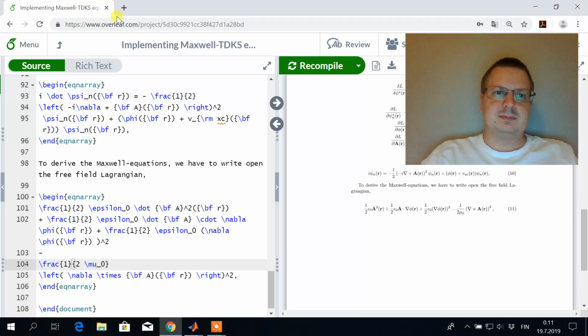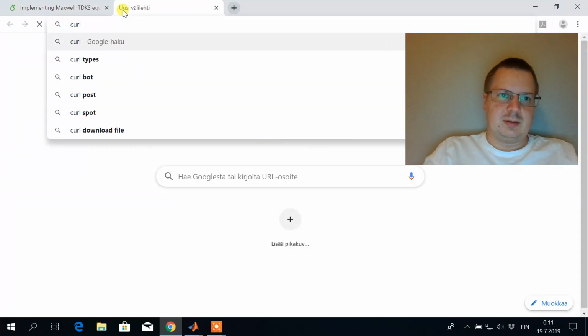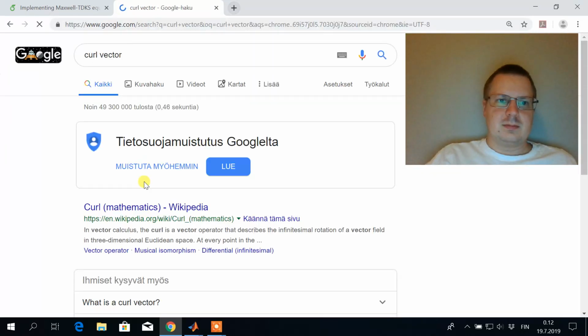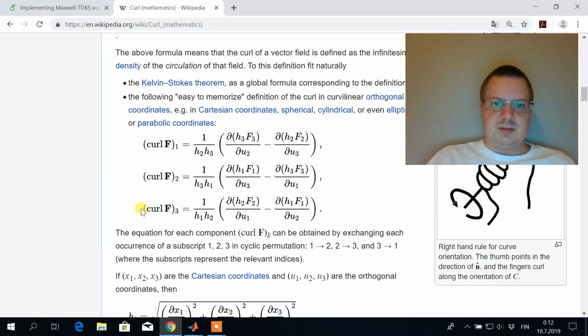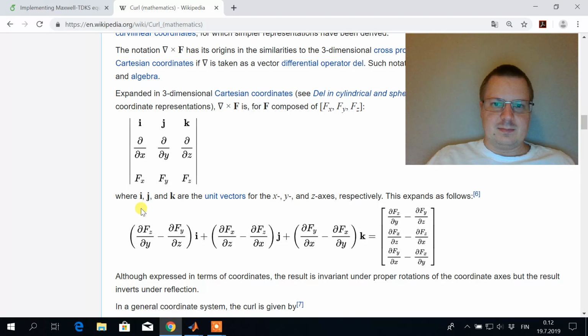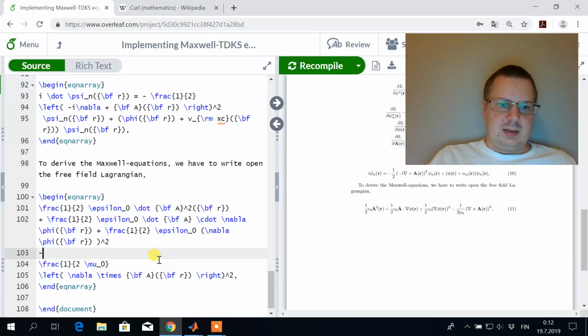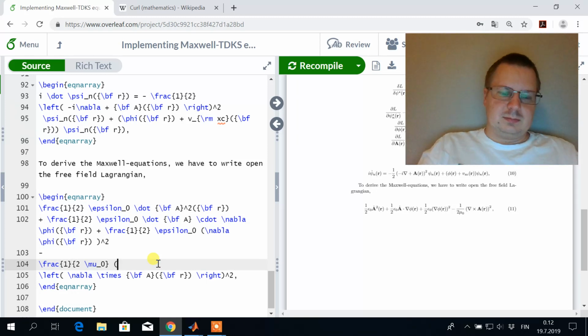let's just curl, not curly curl, just to get it right. Fine. So this is some vector squared.